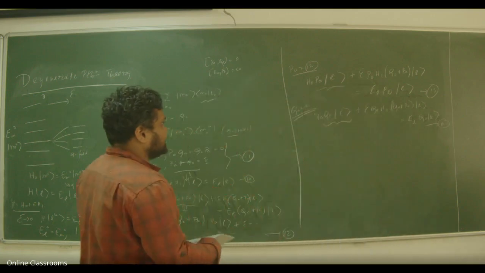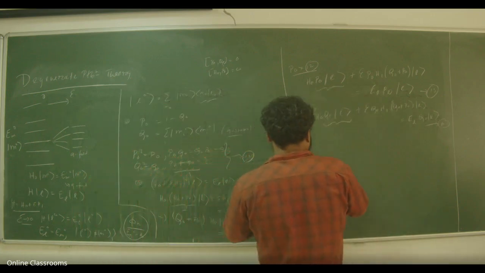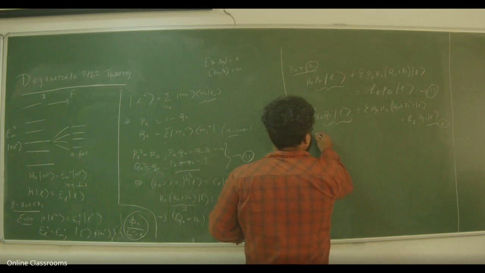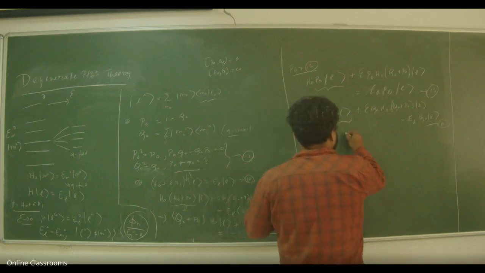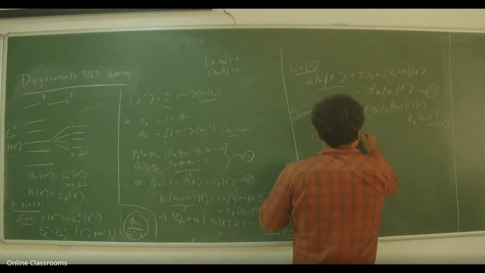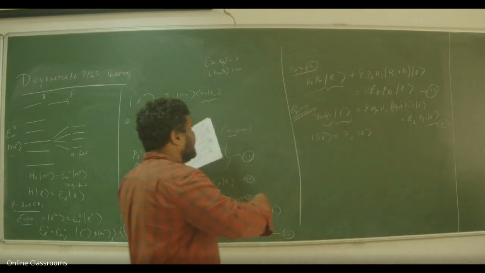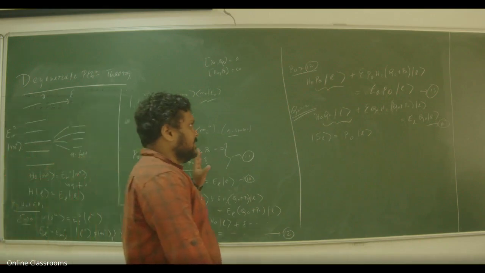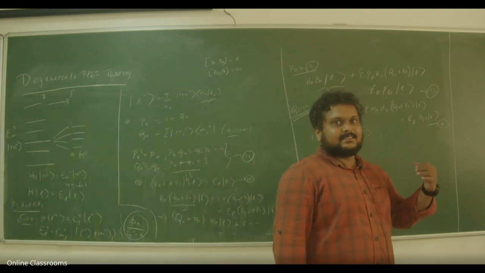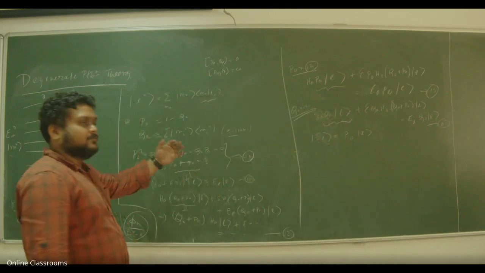Okay. So let's simplify it by introducing two notations. One is those states which are projected into the non-degenerate part. Also notice that so far in our exercise, we have not yet talked about what is degenerate and non-degenerate in an explicit way. We just did a division of the states into two parts.